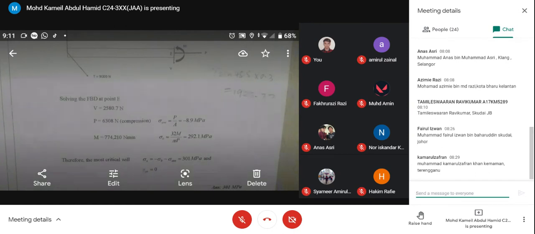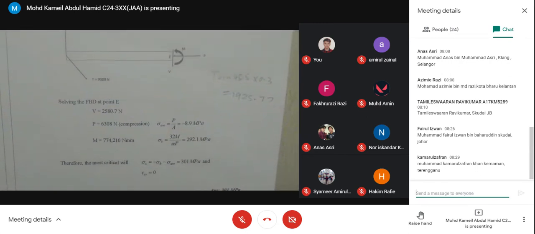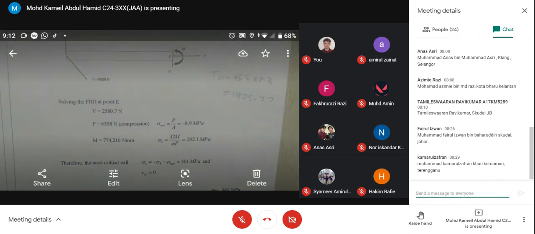Okay, so if you have 2-3 parts, the one with the smallest safety factor is the one that will be considered to be used for your component. So that is the selection for the safety factor of the component.